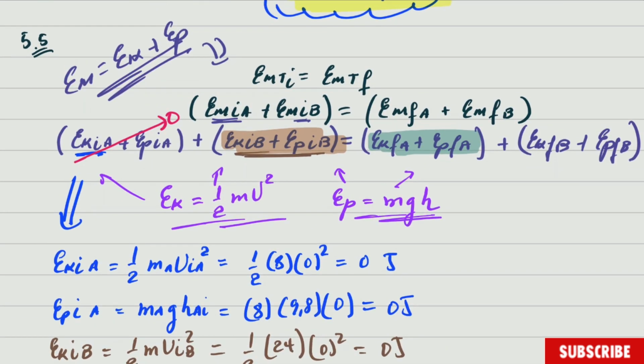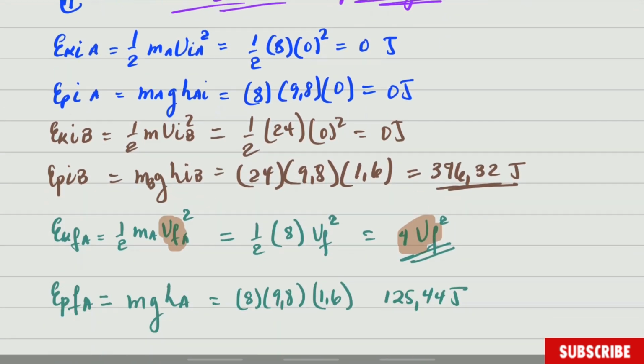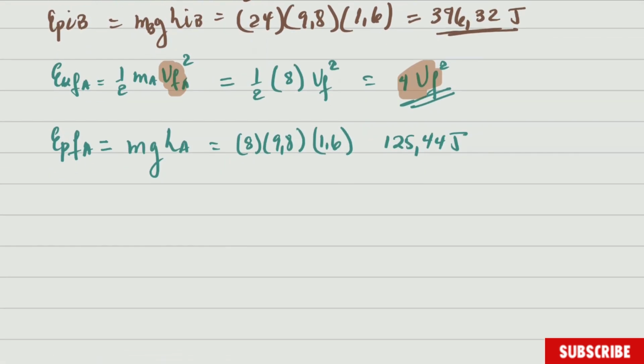So now we have only to calculate the final kinetic and potential energy for B. So the kinetic energy final for B is equal to half mass B final speed B squared.